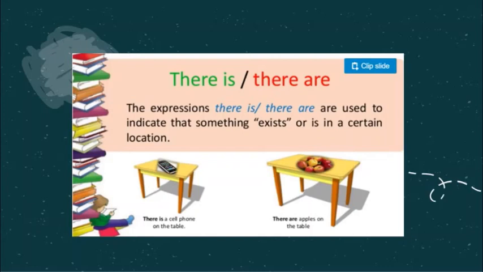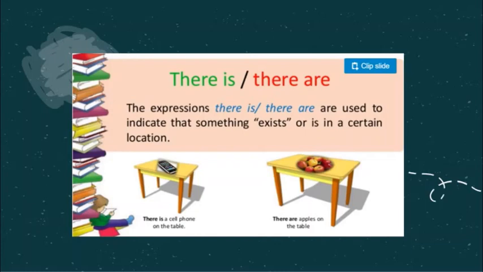The first one is, there is a cell phone on the table. The usage of there is is to point out that there is a cell phone on the table.